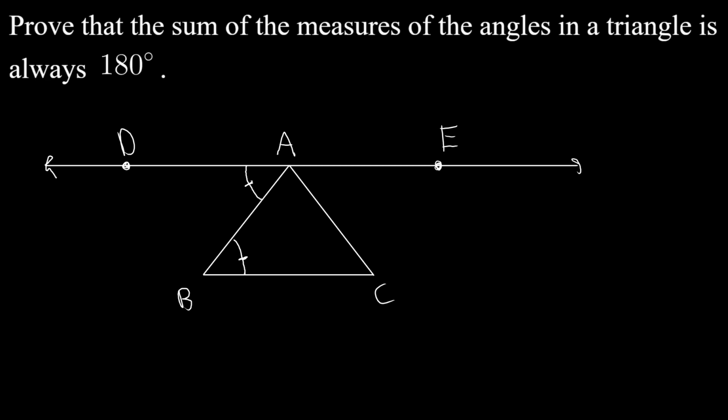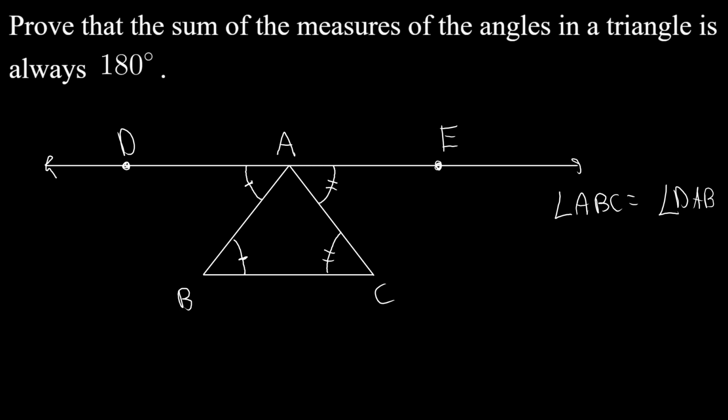So angle ABC is equal to angle DAB. And we can show a similar thing with angle BCA. This angle, I use two tick marks, is going to be equal to the angle EAC, the one right here. Why? Same reason, because they are alternate interior angles.